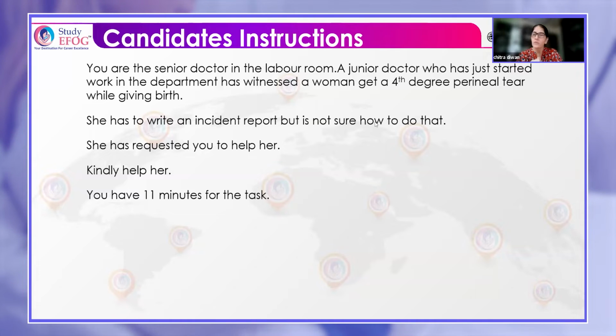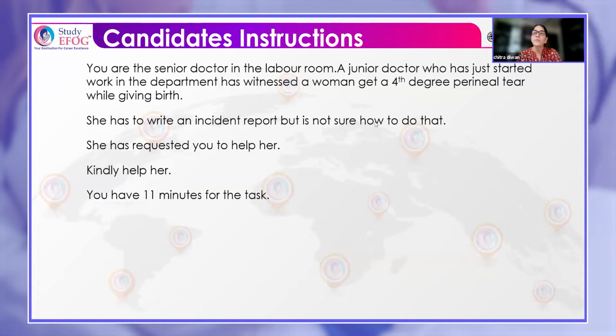So here what is happening? You are one of the doctors in the labor room, right? So you can say, I was working in the labor room or I was watching this midwife who was conducting the delivery of this lady, Mrs. So-and-so, whatever is her name. The lady was really pushing down very well, but the midwife thought that the baby is very big, and so she gave an episiotomy to deliver the baby.